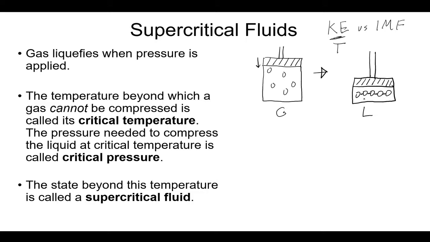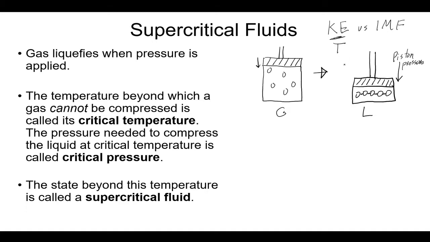That temperature, beyond which we can't compress it to a liquid, is known as the critical temperature. The pressure needed to compress it at exactly that critical temperature, put on by this piston, is called the critical pressure.